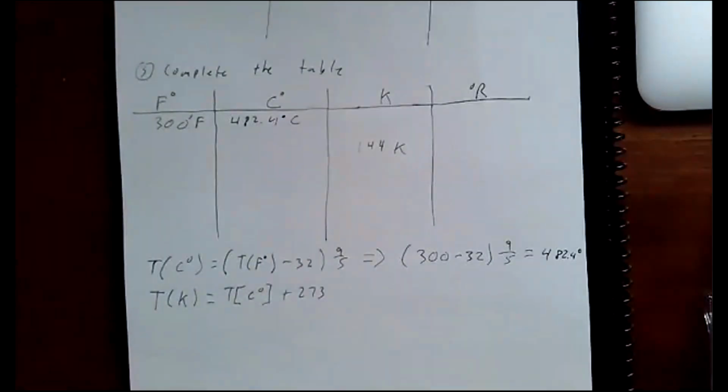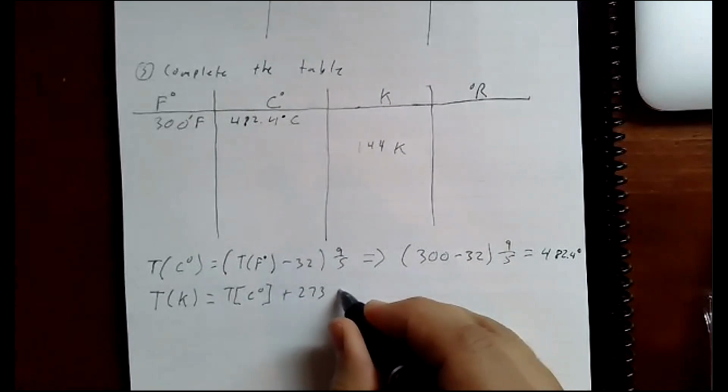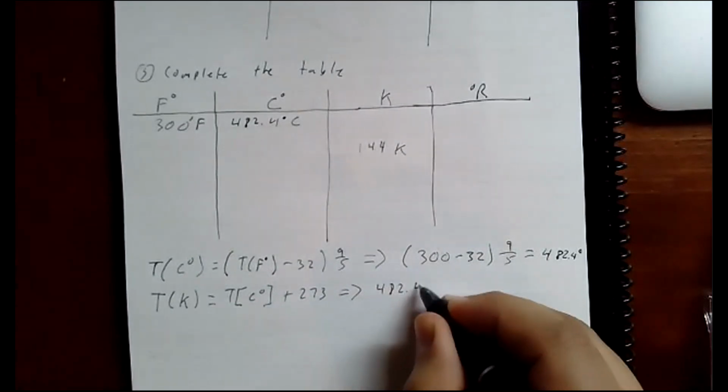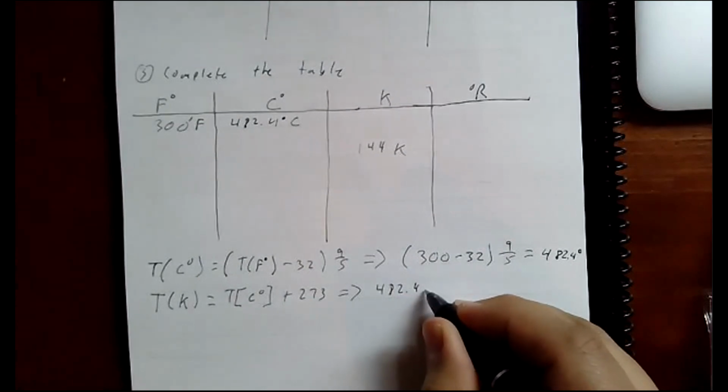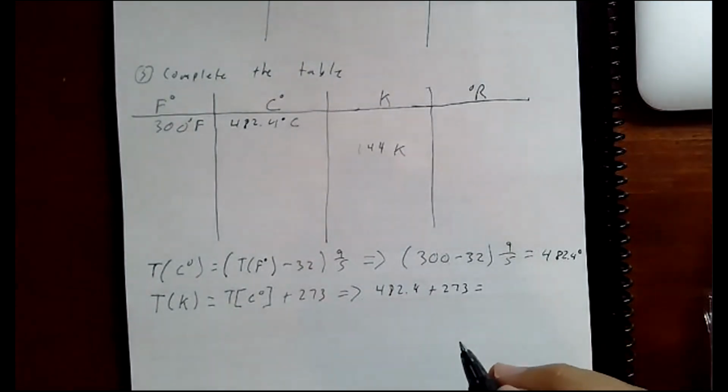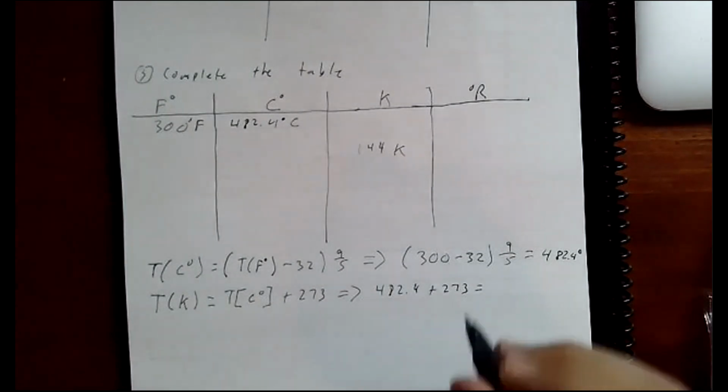I'm clicking. Okay. So we have the Celsius, so that would be 42.4 plus 273, which is going to be your Kelvin.